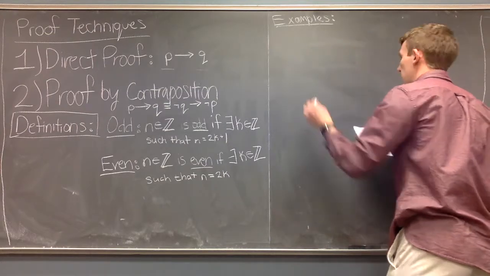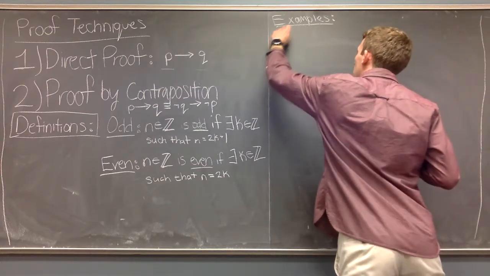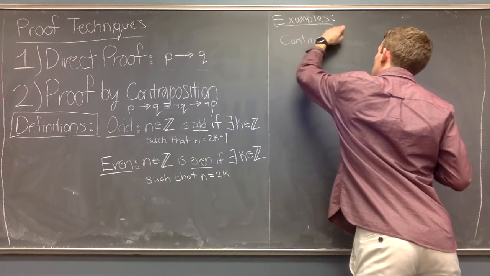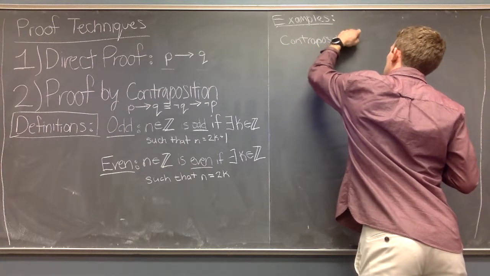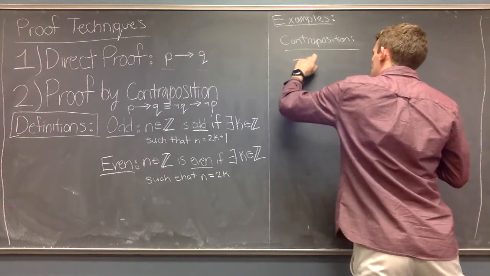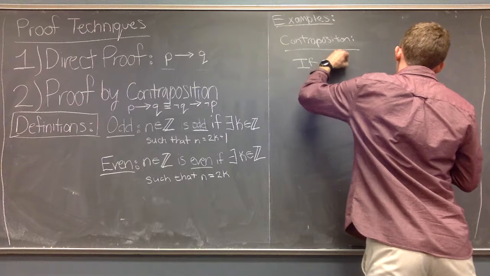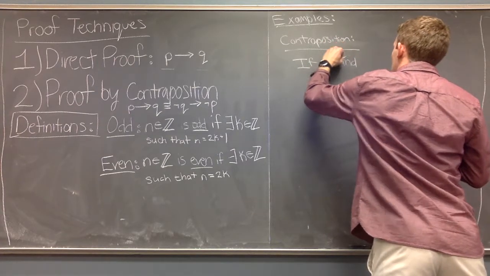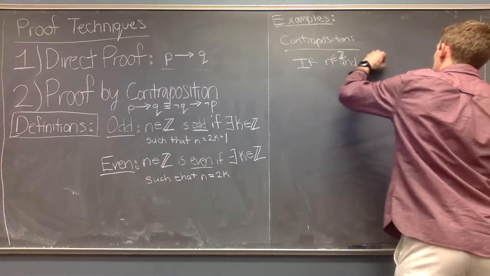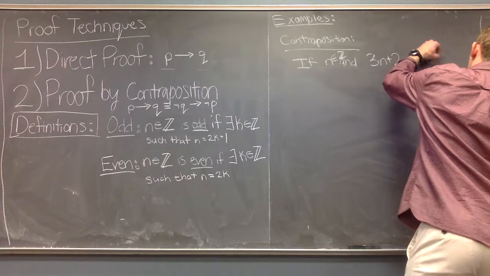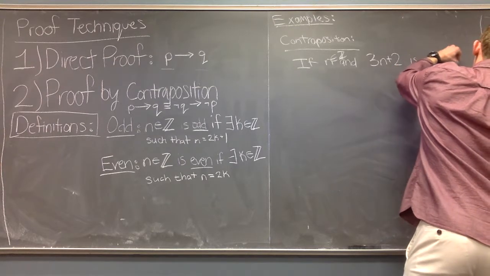Now for proof by contraposition. If n is an integer and 3n plus 2 is odd, then n is odd.